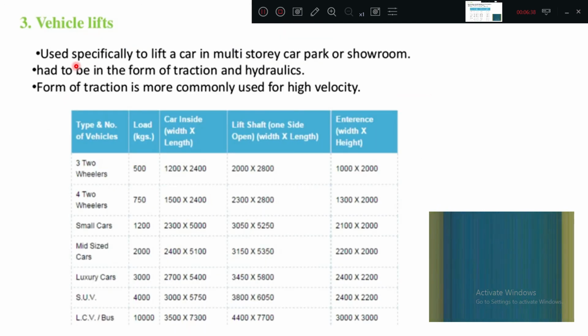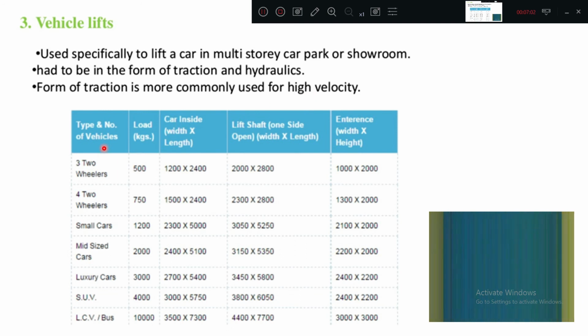Okay, so vehicle lifts, these are used to lift a car in a multi-story car park or showroom. These are generally used in showrooms and car parks and have to be in the form of traction or hydraulics. Only two things possible. Form of traction is more commonly used for high velocity. Wherever car parking is there, you can go and use.